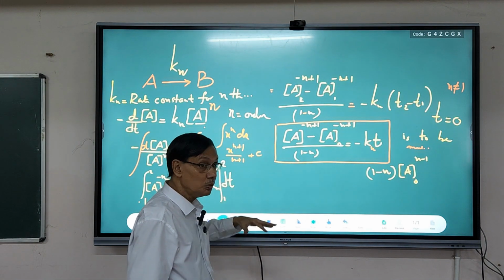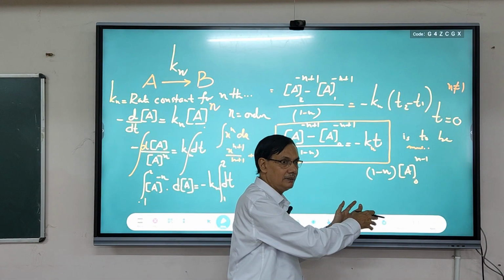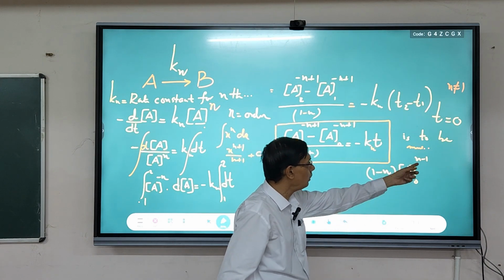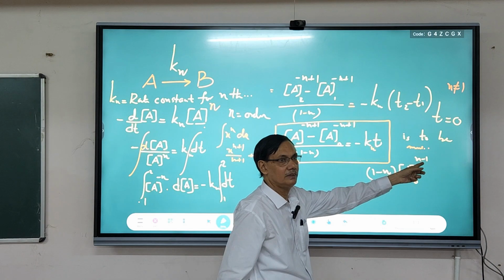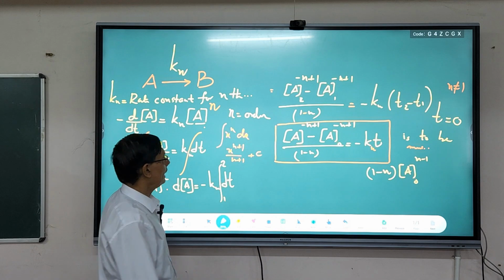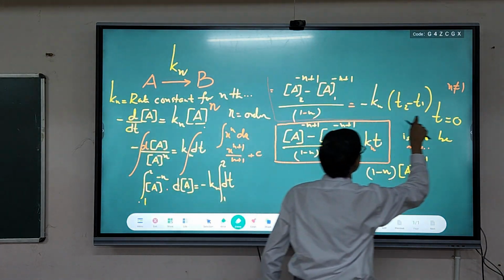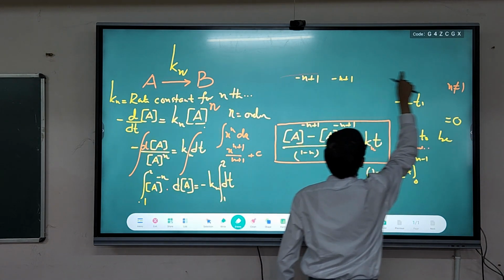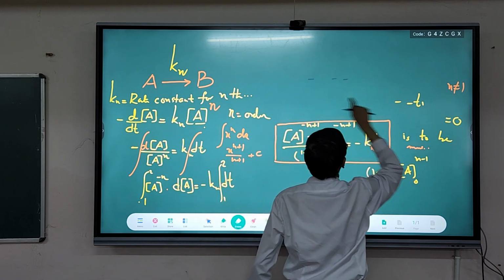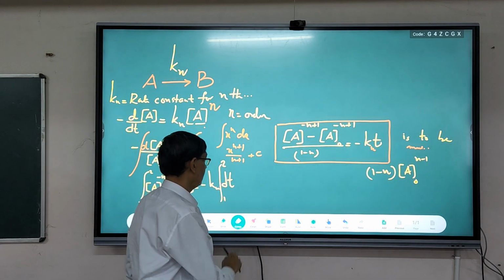Then what I do, I will multiply both the sides with this (1 minus n) A0 power (n minus 1), the whole thing. What will I get?